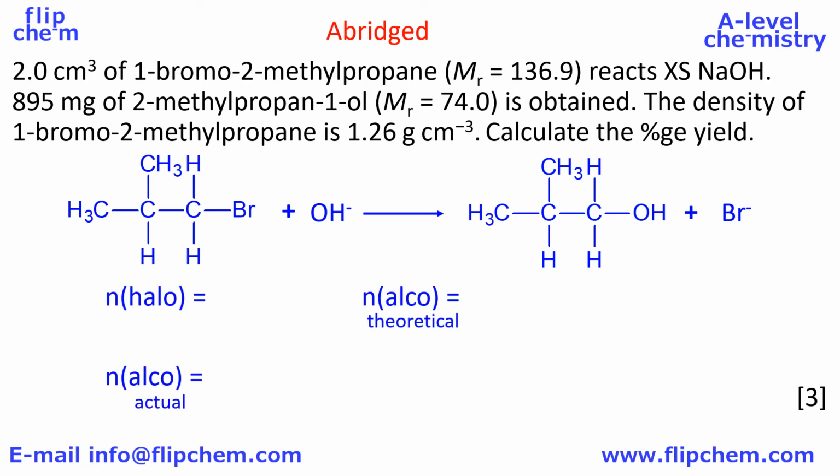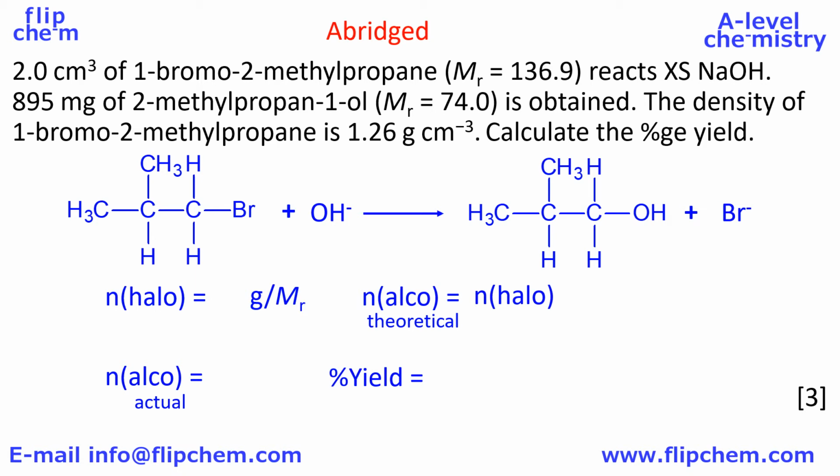Just a word when you're setting out your working out, be very clear. This is 3 marks, and so you can get a lot of marks from methods where you're heading towards the right answer. However, that's only going to be applicable if it's clear to an examiner what it is you are trying to calculate. The amount of the haloalkane we can derive from mass over molar mass.